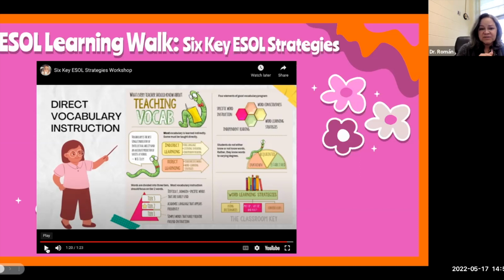They need to understand the vocabulary and make it theirs. So if they make it theirs, they will be able to use it and transfer that vocabulary to other content areas. That is the importance of teaching vocabulary with intention. And remember, there are different tiers, tier 1, 2, and 3: the technical words, the words that we use on a daily basis, and the academic words.